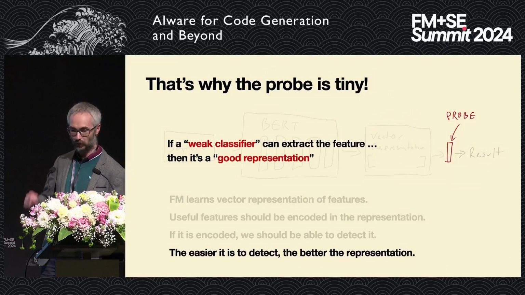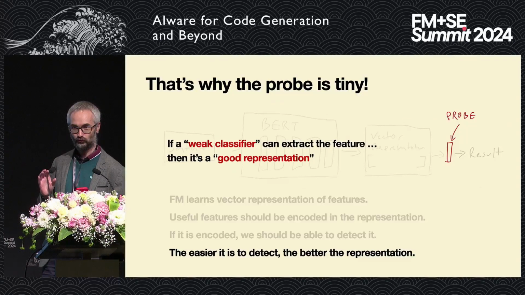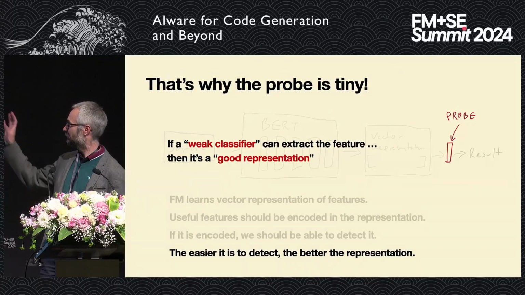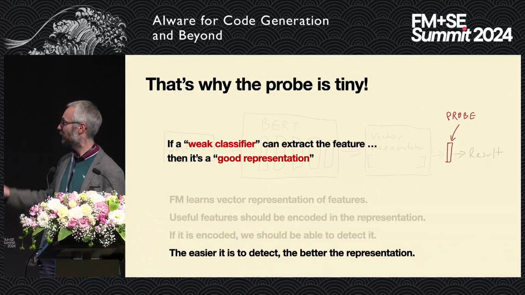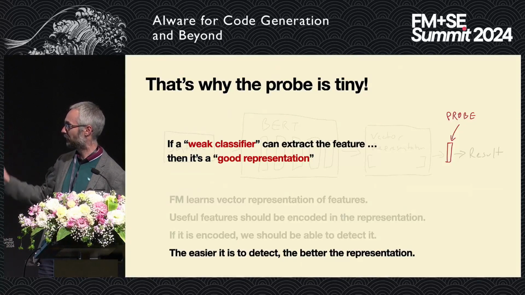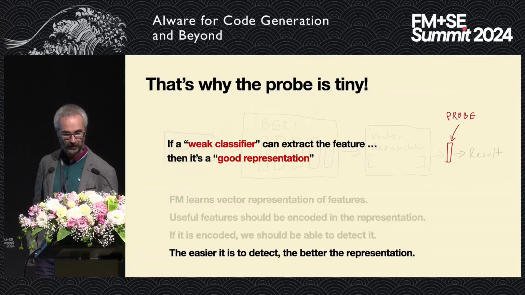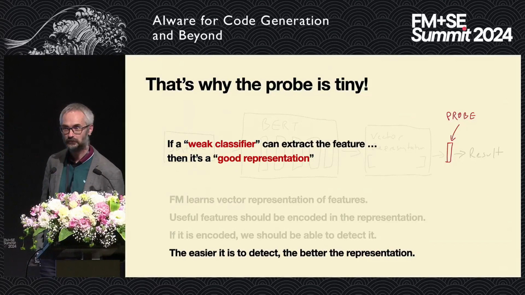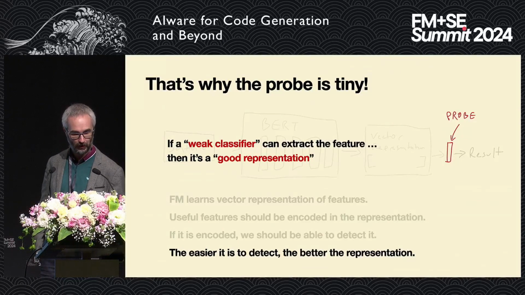Probing consists in having a weak classifier, a tiny classifier which should not be able to learn much, and seeing whether it can learn something from the vector representations extracted from the model. If it can, it means the model has a good representation of the concept we are looking for.